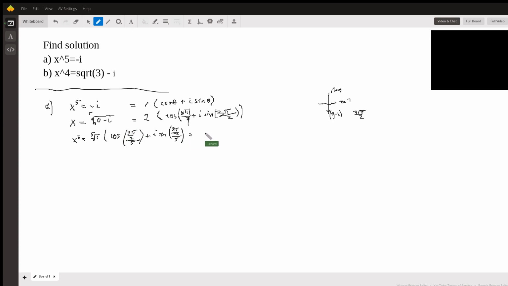We would just write the fifth root of 1 as 1. We could drop this. This is just 1.